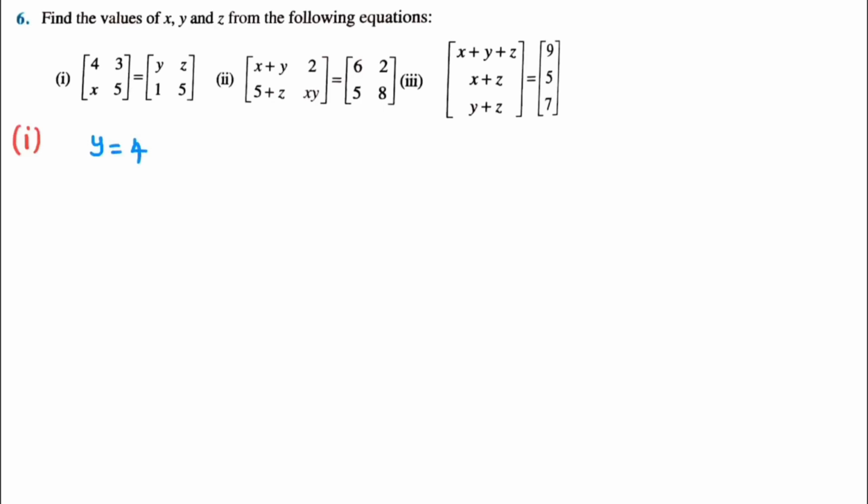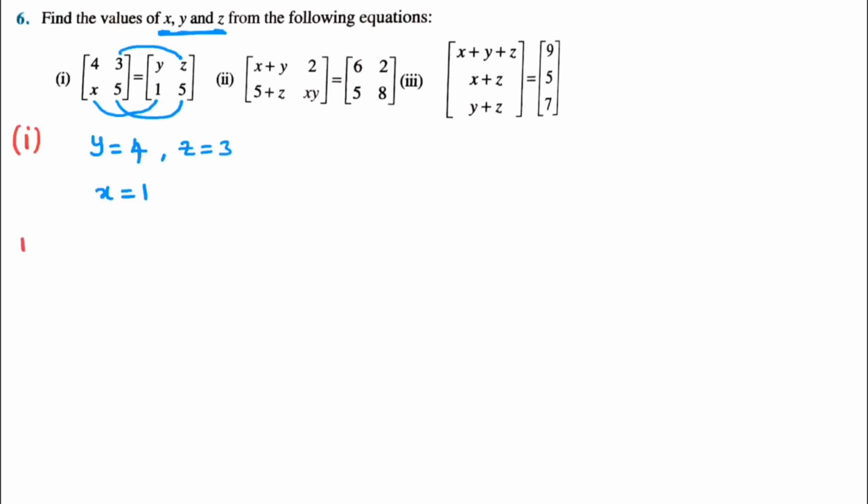They are asking x, y, z values. Already y value is calculated. Now observe these 2 corresponding elements. You can write that z equal to 3. Good. Now corresponding elements, x equal to 1. What about these corresponding elements? 5 equal to 5. We do not want that. We want x, y, z values. You got x, y, z values. So the first bit is completed.